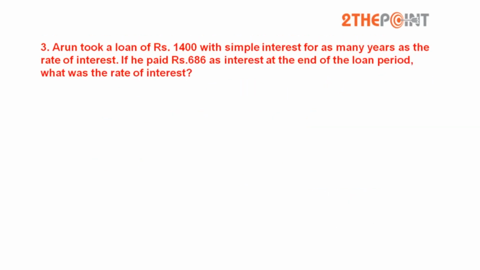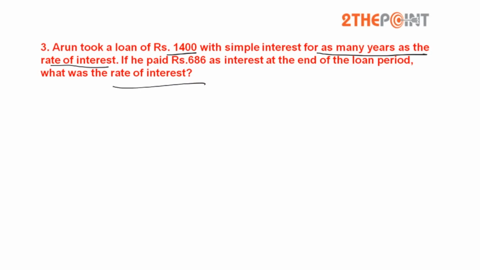Arun took a loan of rupees 1400 with simple interest for as many years as the rate of interest. If he paid 686 rupees as interest at the end of the loan period, what was the rate of interest?